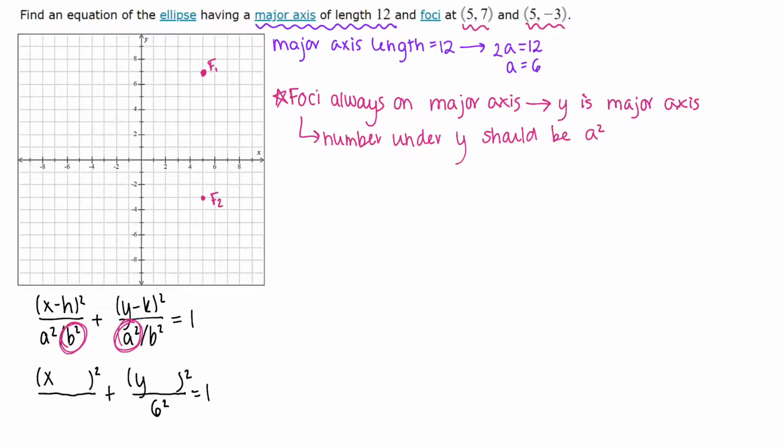So looking at what's left, we have h, k, and b squared to find, and then we have our entire equation. We know that the center has to be smack dab between the two foci.